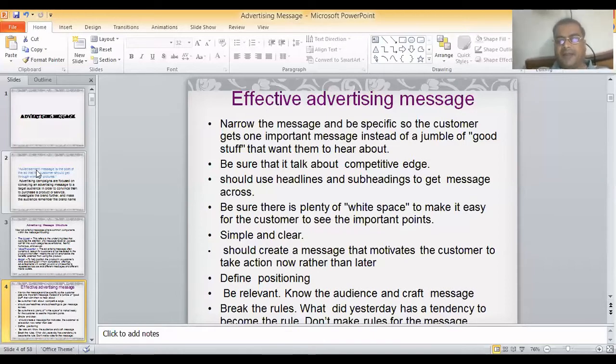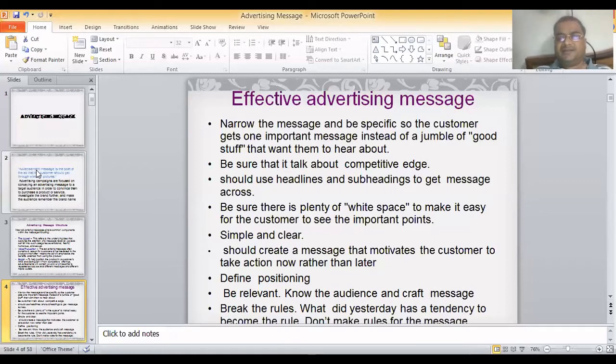Then the other thing is that the message should be such that the customer is motivated to buy the product now, at present. The message should motivate the customer to buy the product within a few minutes or within a few hours.